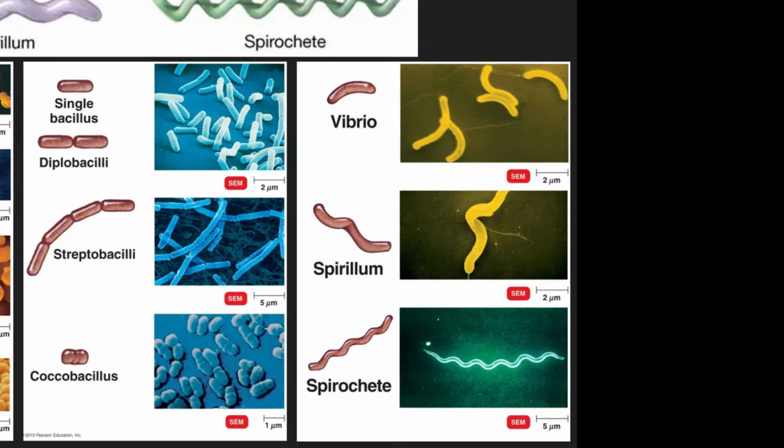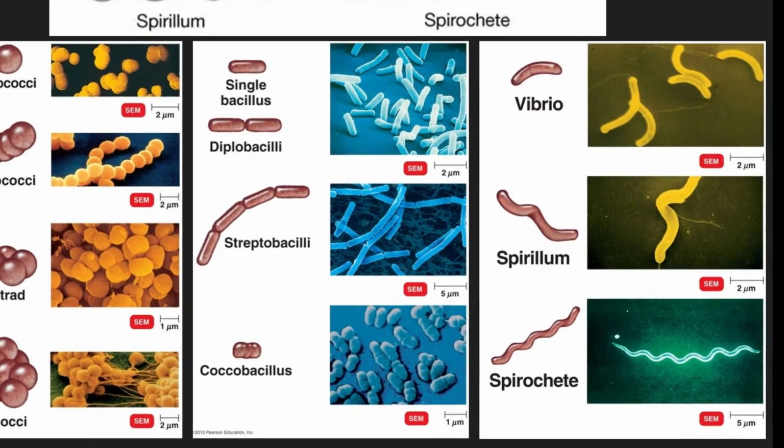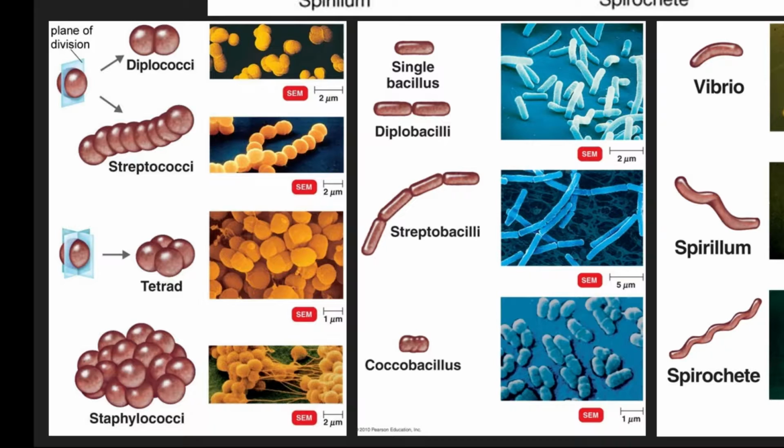When they're drawn, they have a tendency to look very similar, but in reality, the spirilla are typically just curved a little bit, whereas the spirochete are very tightly wound. And we're going to find out in a few minutes that in addition to that, spirochetes have very different ways of moving. So hang on for that, and then let's just move over to the cocci and bacilli, which is where we spend most of our attention.